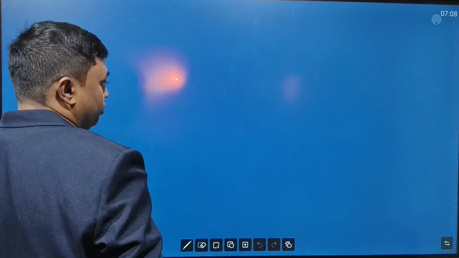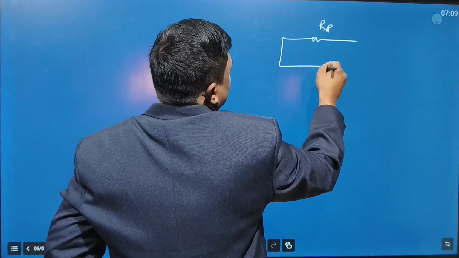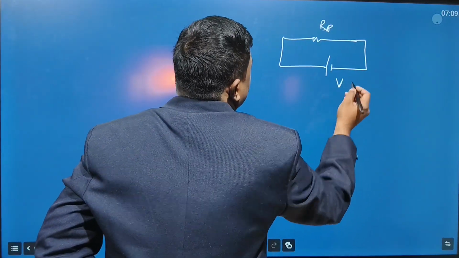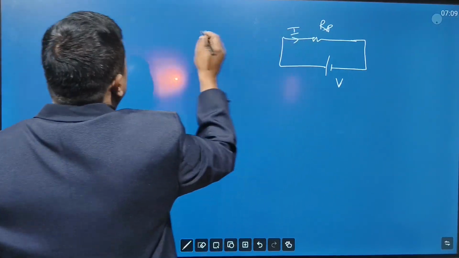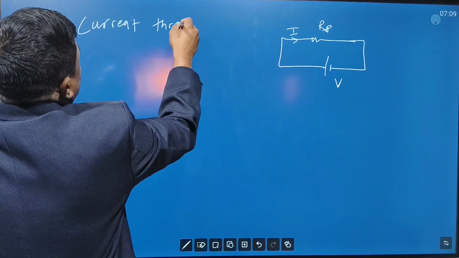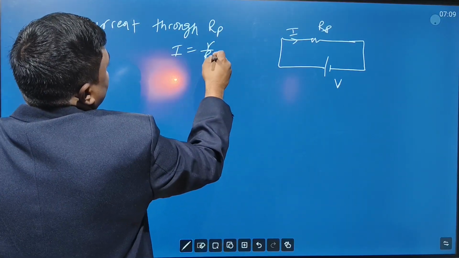Now what we are going to do? We are going to take an equivalent resistor RP connected to the same source of V volt. So what is the current through RP? We can write the current through RP, that is I, is equal to V by RP according to Ohm's law.